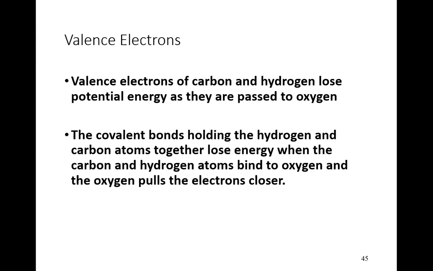When I lit that candle and the wax was burning, I was pulling electrons away from the carbon and the hydrogens in the candle wax. The electrons and the hydrogens were being grabbed by oxygen, and we were releasing heat and light. Without oxygen, we're not going to get a flame. Without oxygen, we're not going to have oxidation, at least very much oxidation.